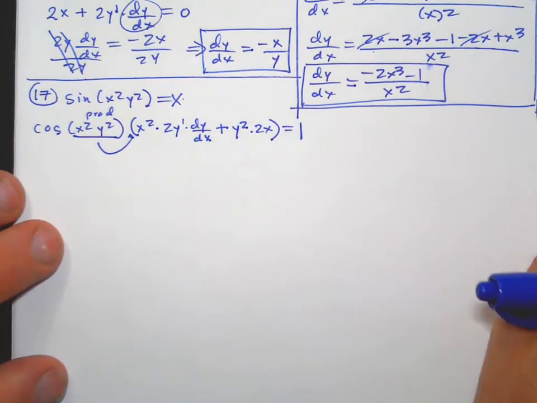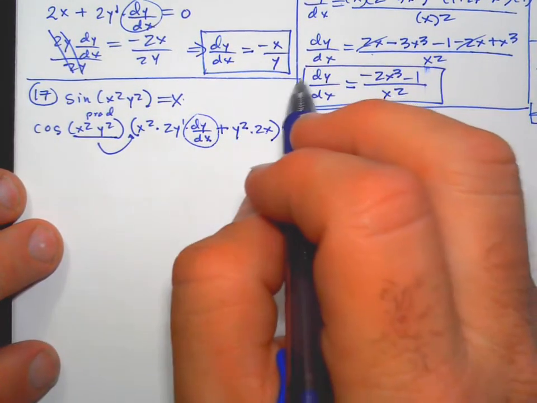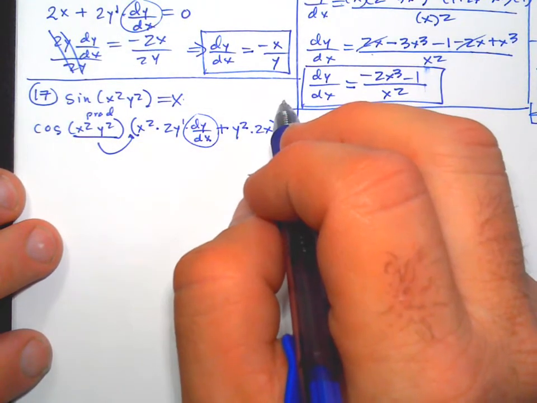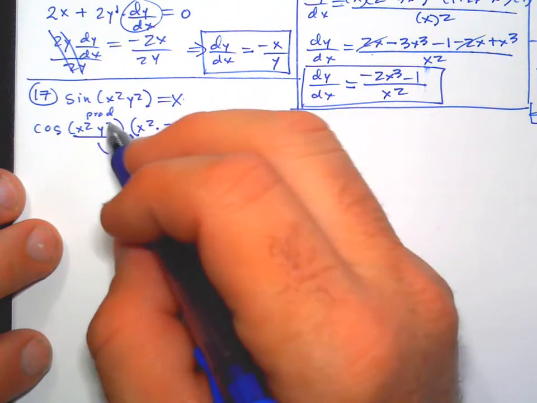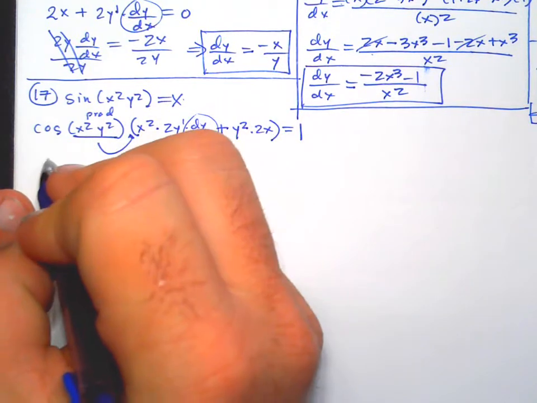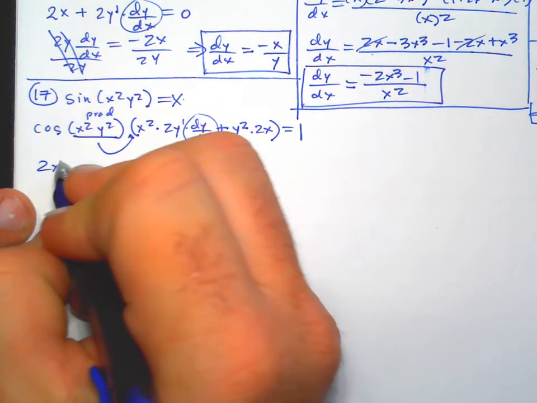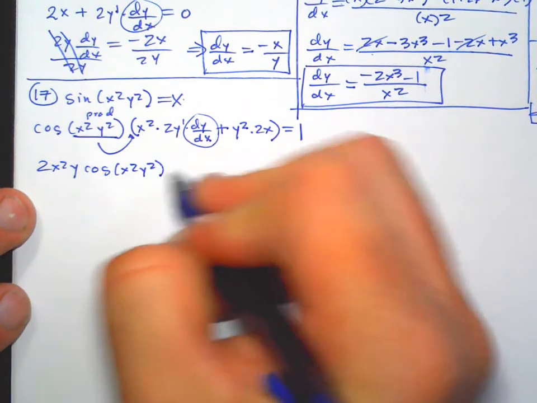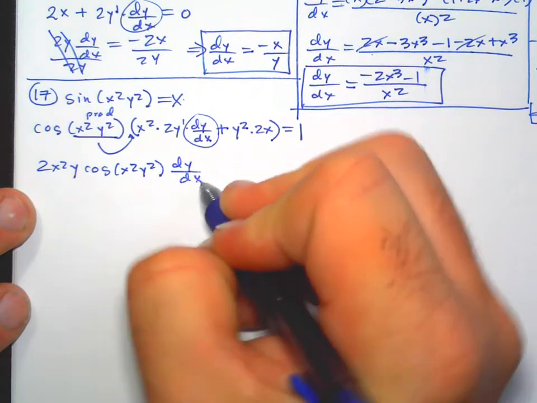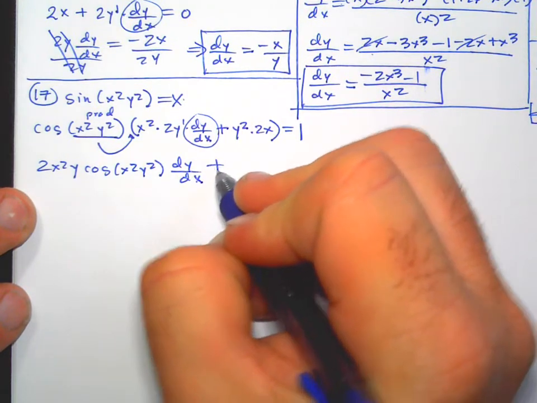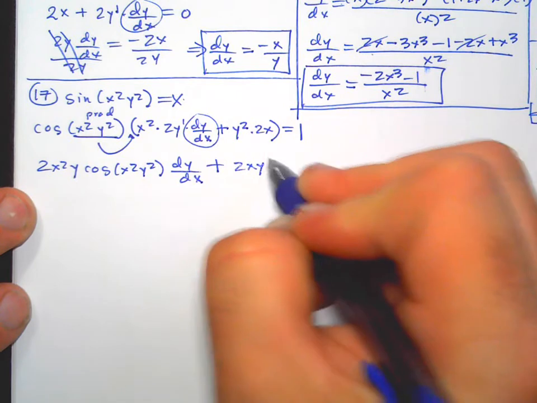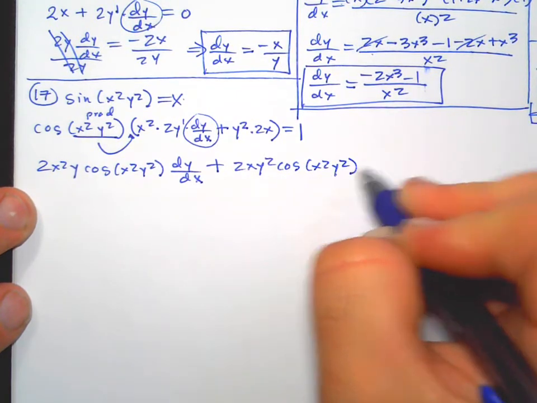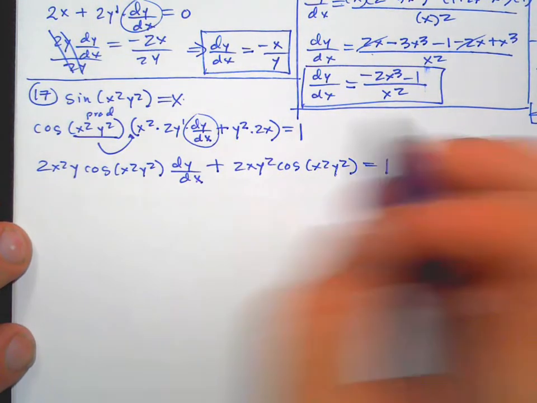Now it's really algebra trying to get this dy/dx by itself. I think there's a couple different ways you could do it. I personally would go ahead and distribute this. So you would get 2x squared y cosine(x squared y squared) dy/dx plus 2x y squared cosine(x squared y squared) equals 1. So then you want to get this by itself.